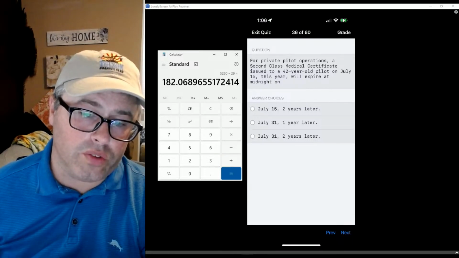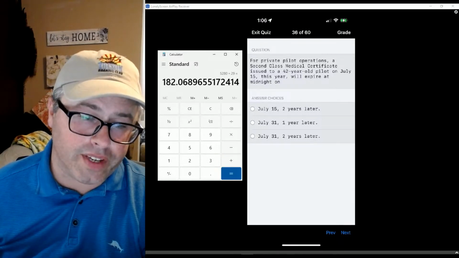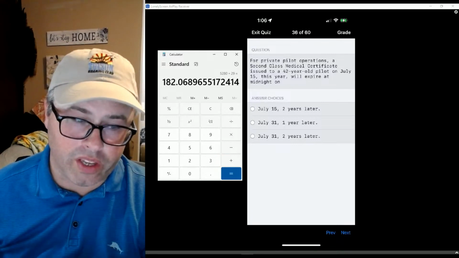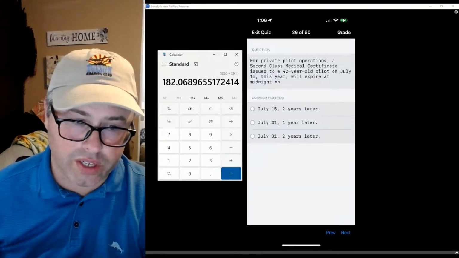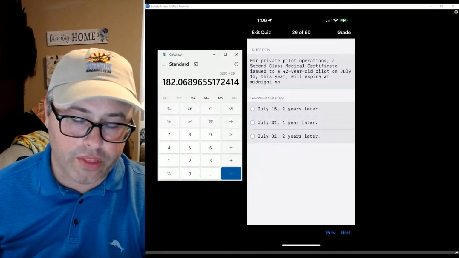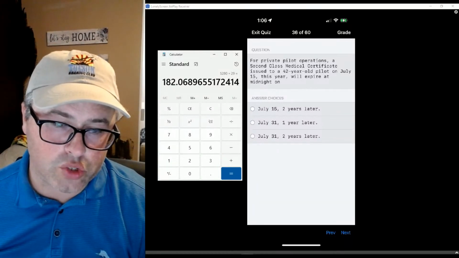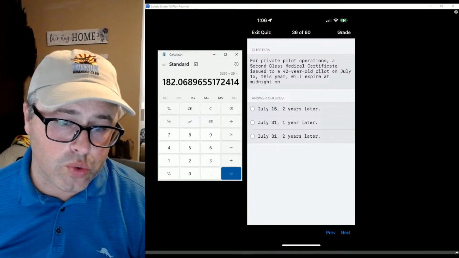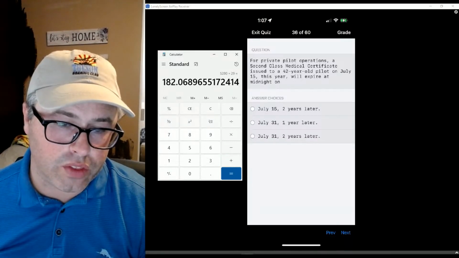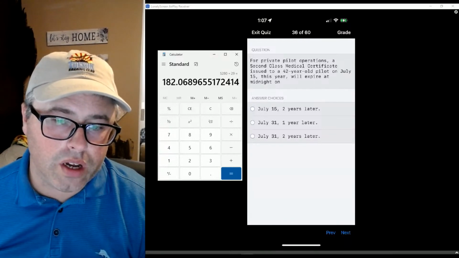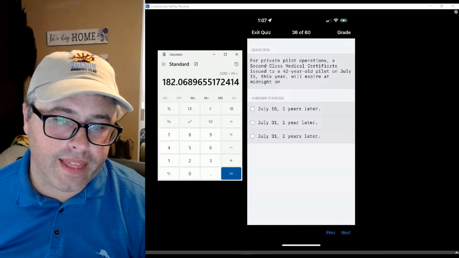First of all, remember that medical certificates always expire at the end of the month they were given in, in the future. They never expire in the middle of a month. So July 15th is out.